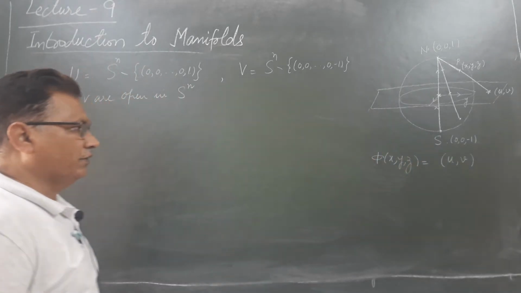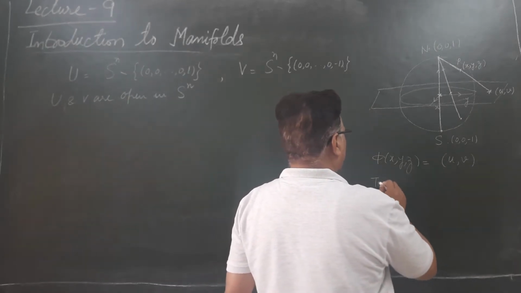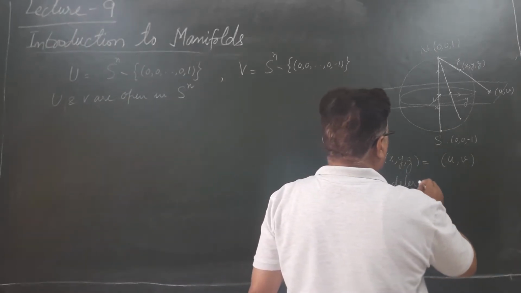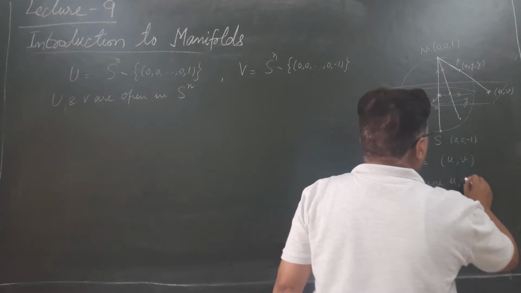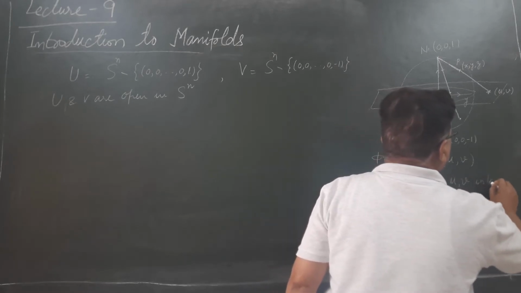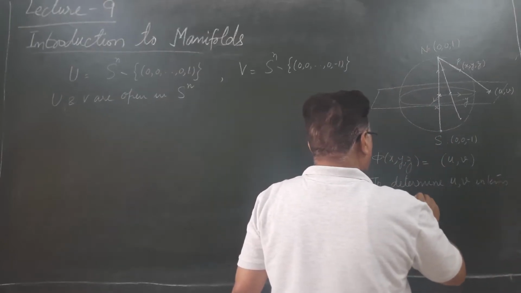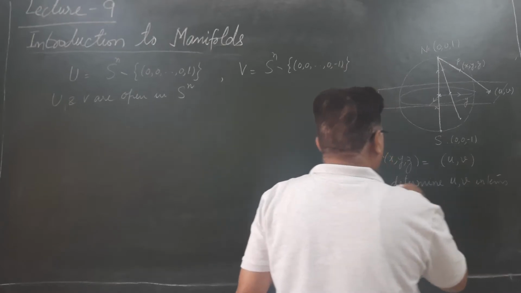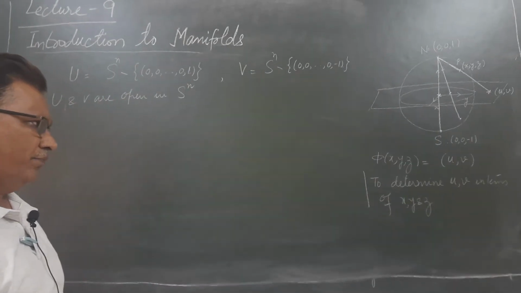So I have to determine UV in terms of x, y and z. This is now our aim. That will define phi completely.